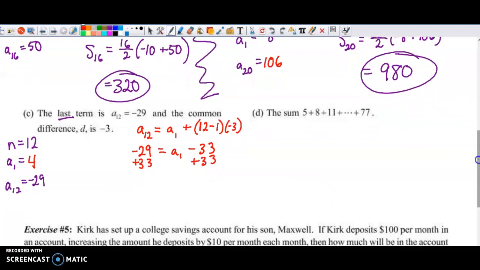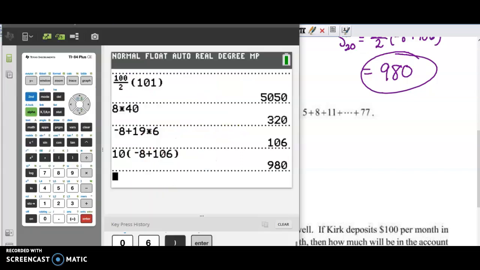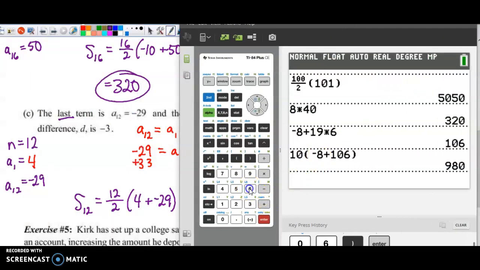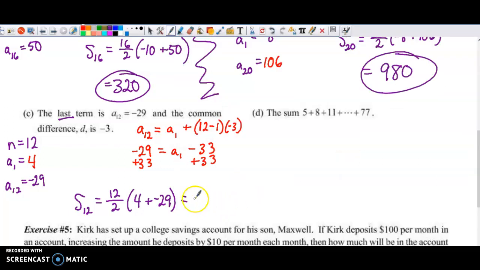And then from here, we could use your sum formula. 12 divided by 2, the first term plus the last term. And it's okay to get a negative sum, by the way. Kind of all over the place with this. Negative 150.